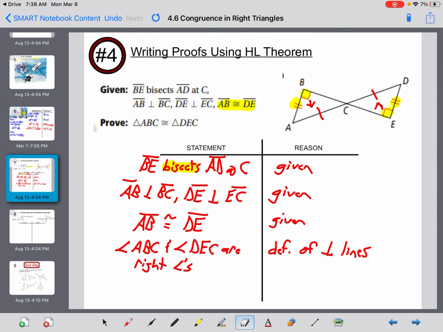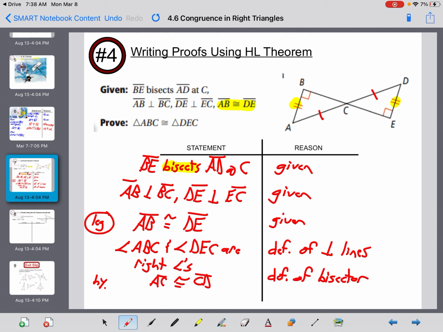Those are the hypotenuses, okay? So AC is congruent to CD, definition of bisector. We have our leg here. We have our hypotenuse here. So we can say that the triangles are congruent. Triangle ABC is congruent to triangle DEC because hypotenuse leg is congruent to hypotenuse leg.